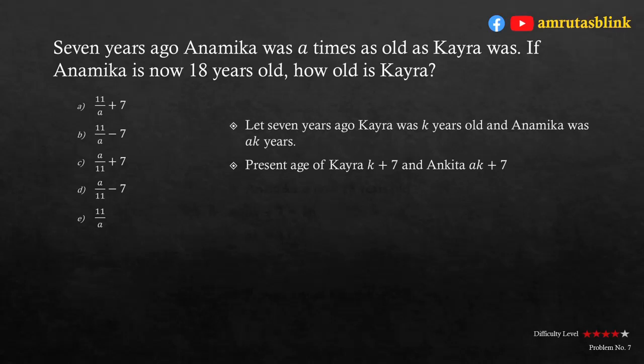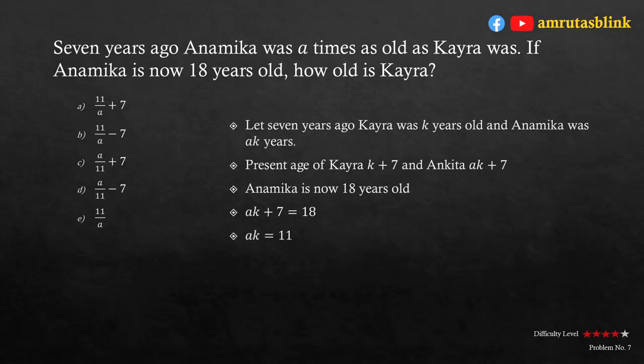At the same time, Kyra's today's age must be k plus 7. Now, it is given that now Anamika is 18 years old. So, ak plus 7 is equal to 18, that means ak is equal to 11 and hence k is equal to 11 upon a.